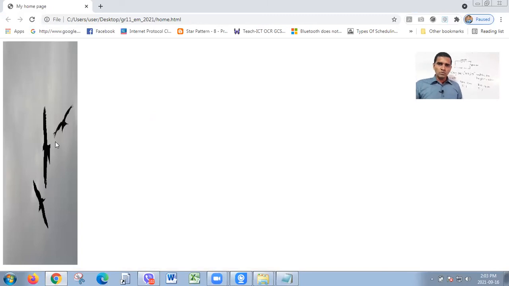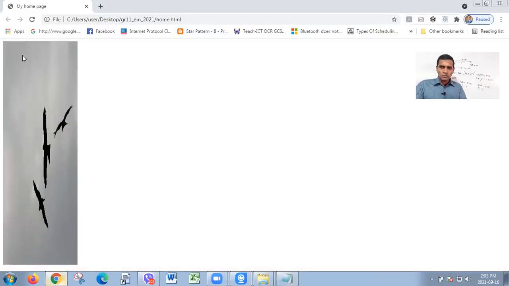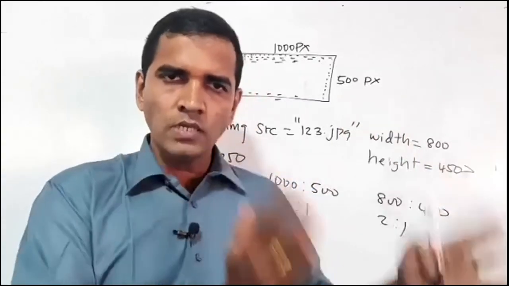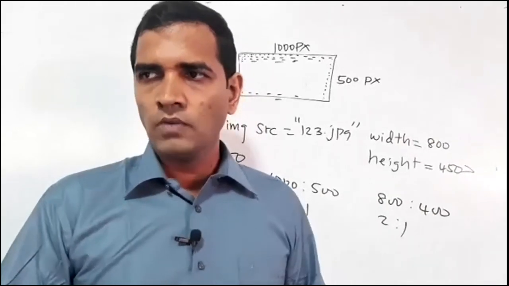The picture is not good, because what happens now? The height is reduced by a big margin, but width is reduced by a little margin. So this picture doesn't look good. So whenever you change the width and the height, make sure the original ratio is maintained. If it is affected, definitely you have a problem.